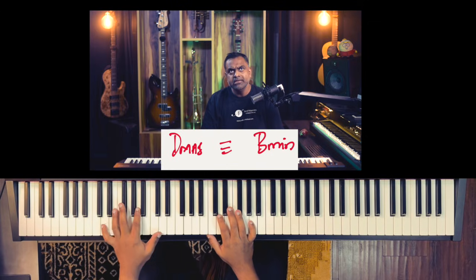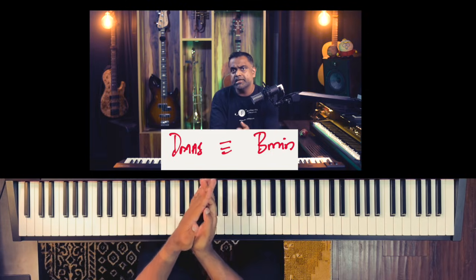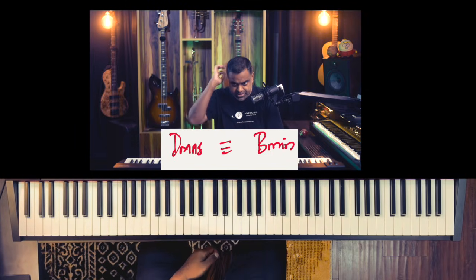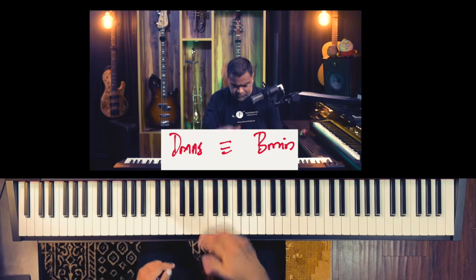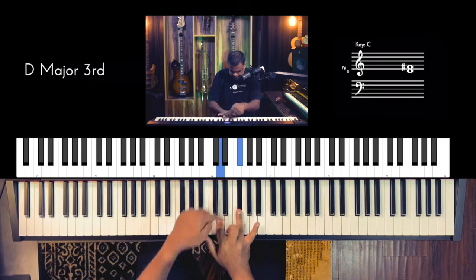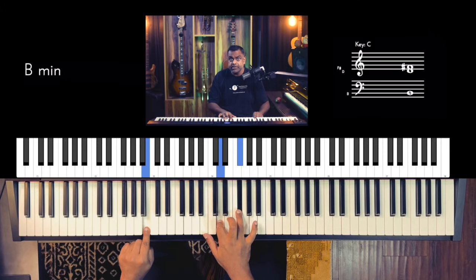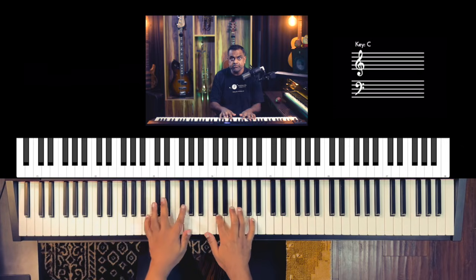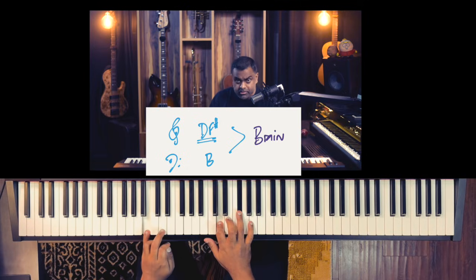If I just look at the relative minor major concept, so D major's relative minor, you should remember that is B minor. You move up a major sixth, or you can use the circle of fifths and a lot of other tricks to figure that out. But anyway, I'll leave that aside for now. You take the same third with its relative minor B. Bang. You just get instant B minor. That's it. So you get D major, relative minor, B minor.